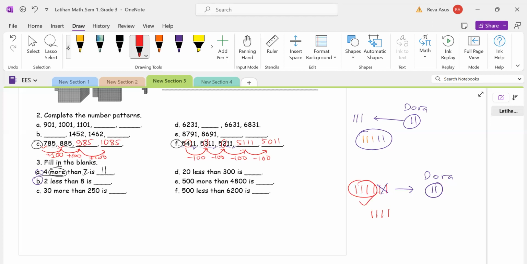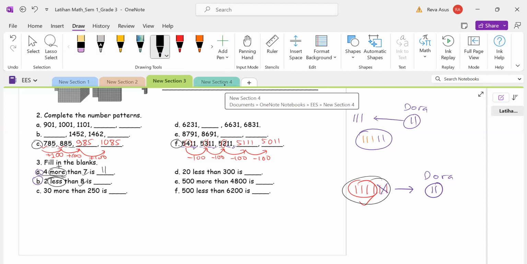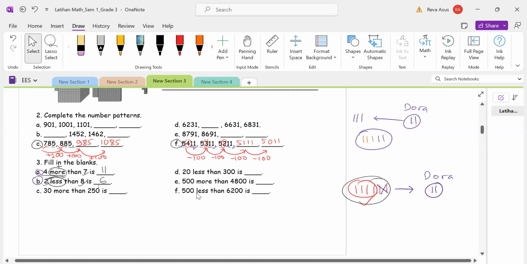How can I get 4? Because at first I have 6 and then I give Dora 2, so my pens are getting less. So when we have getting less, it means to be minus, to be subtracted. So 2 less than 8: at first we have 8 and then it gets less by 2, it is going to be 6. It would be 6 left.